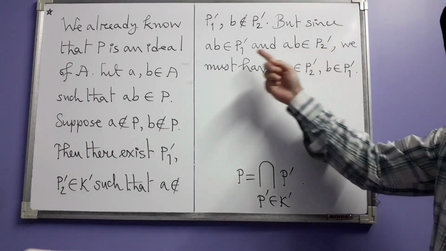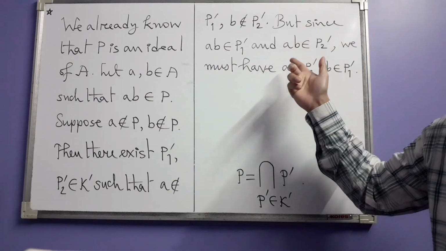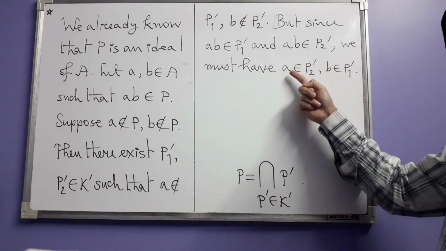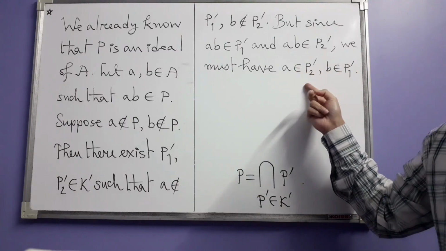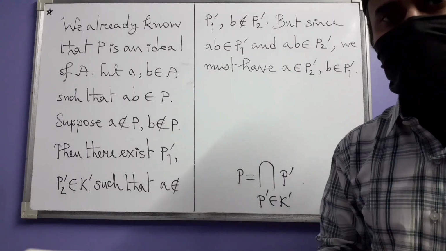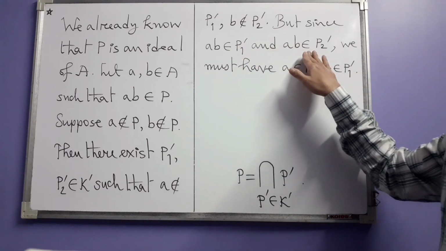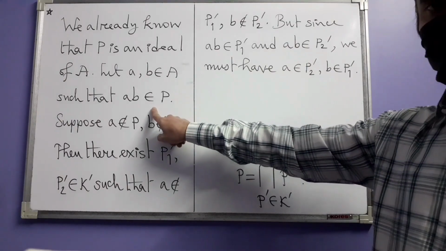Since AB belongs to P1 prime and AB also belongs to P2 prime, we must have A as an element in P2 prime and B as an element in P1 prime. How? Well, first of all, where are these things coming from? These things are coming from here.